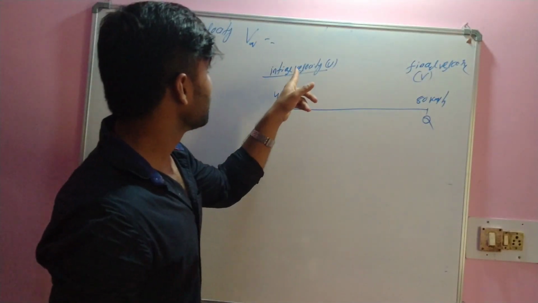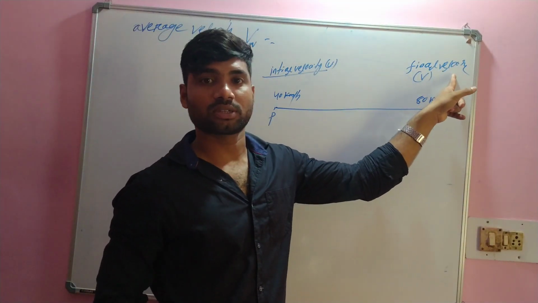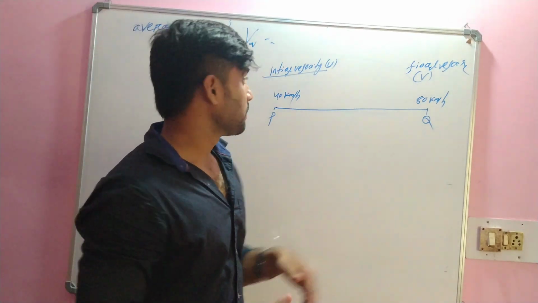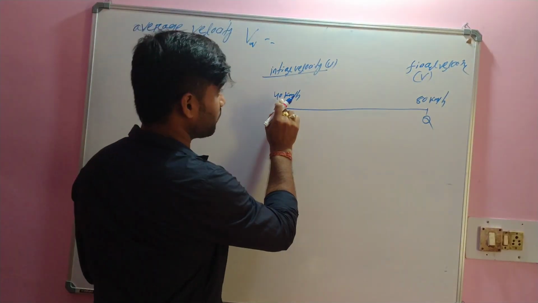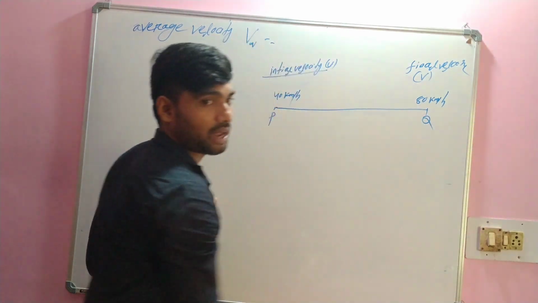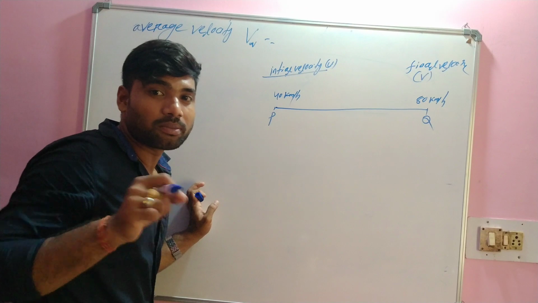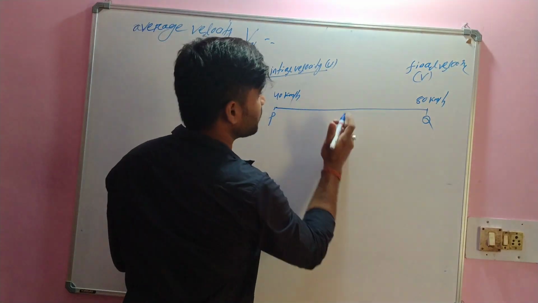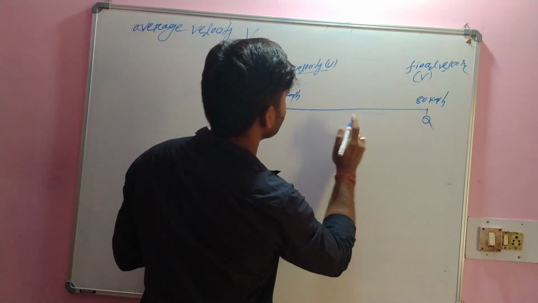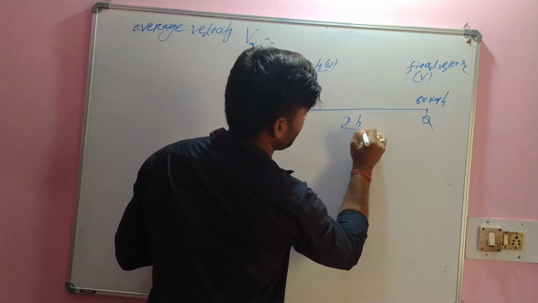But here the initial velocity is given, the final velocity is given, and there is no distance given. But when you increase speed from 40 km per hour to 80 km per hour, it takes some time. Suppose it took 2 hours.